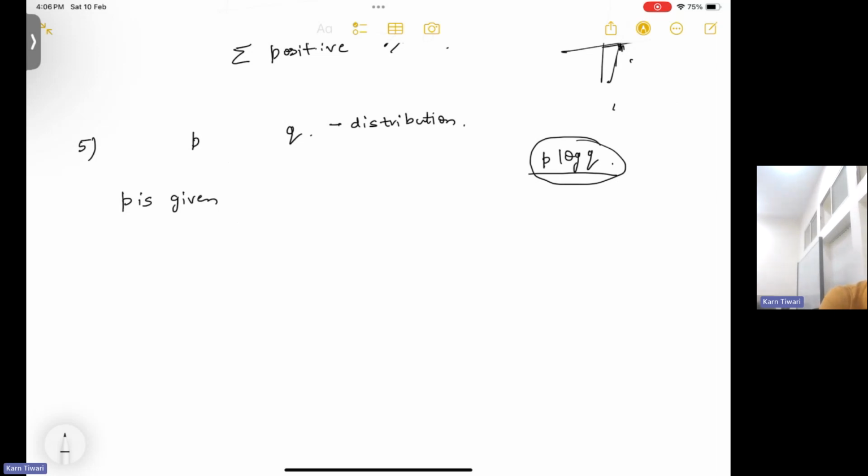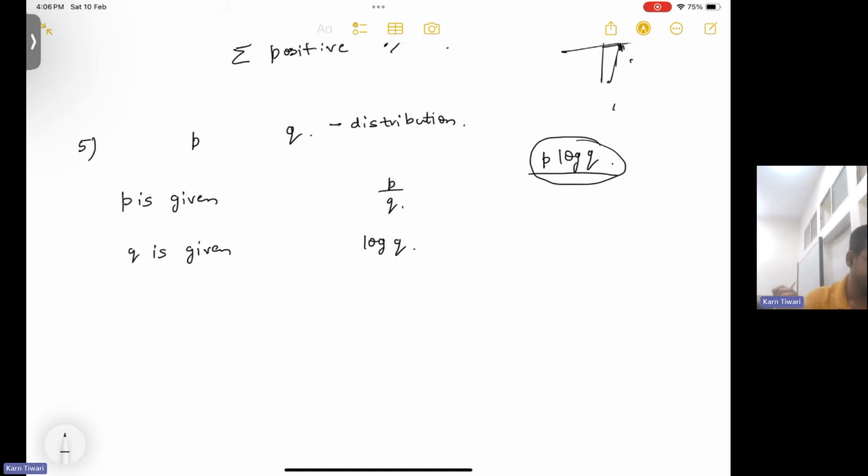This is a function, so take a derivative with respect to Q. It will be P by Q. Now again, assume Q is given, then taking the differentiation with respect to P, it will be log Q.